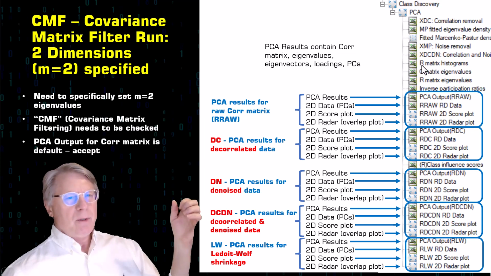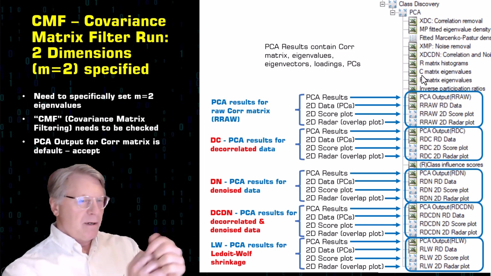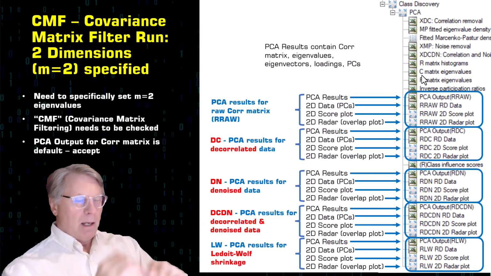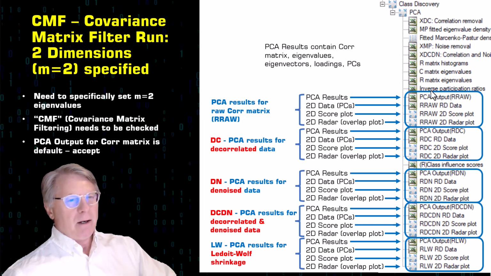Explorer will also report and show the R matrix histograms, the correlation matrix histograms, the covariance matrix histograms, and then the R matrix eigenvalues in tabular notation in a spreadsheet. Then the inverse participation ratios, which are an indicator of how much each eigenvalue contributes to the variance explanation of the multivariate data set.